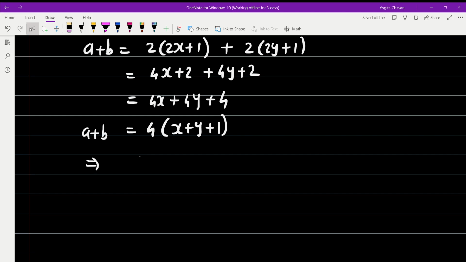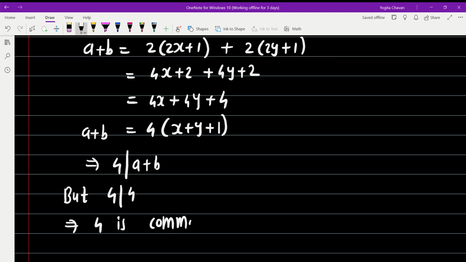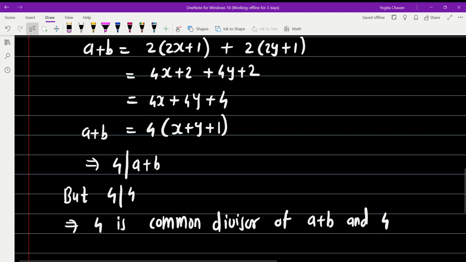This implies 4 divides A plus B. But 4 also divides 4. So this shows that 4 is a common divisor of A plus B and 4. 4 दोनों ही नंबर को डिवाइड कर रहा है, so 4 is a common divisor of A plus B and 4.